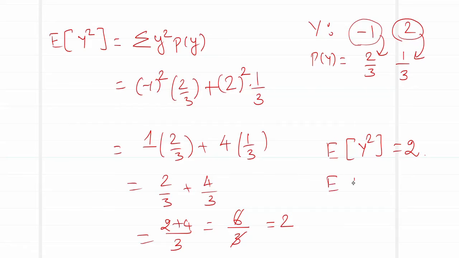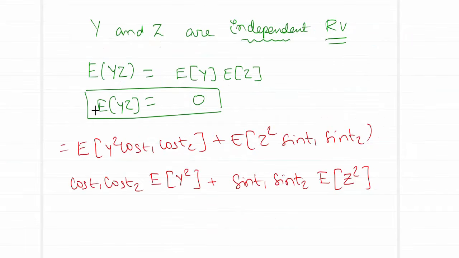Now, what can be said about E of Z square? Z also takes the same values, -1 and 2, with probability 2 by 3 and 1 by 3. So when I do the same process, E of Z square is again equal to 2. Now, substitute this quantity back in your equation.